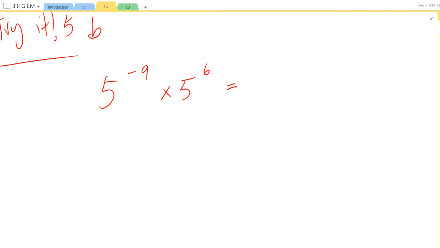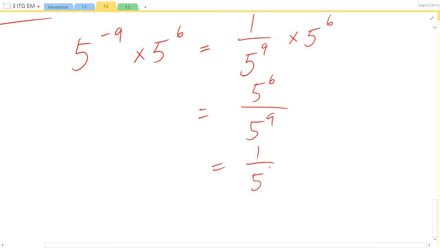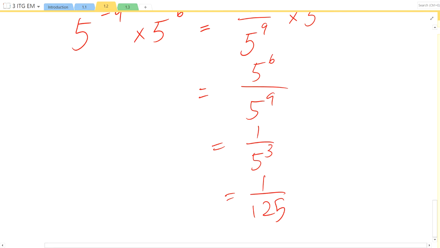Let's change 5 power negative 9 into a fraction: 1 over 5 power 9, times 5 power 6. Then we get 5 power 6 over 5 power 9, which gives 1 over 5 power 3. Do you all memorize 5 power 3? I think you should. It's going to be very useful. So this is one way of doing it.